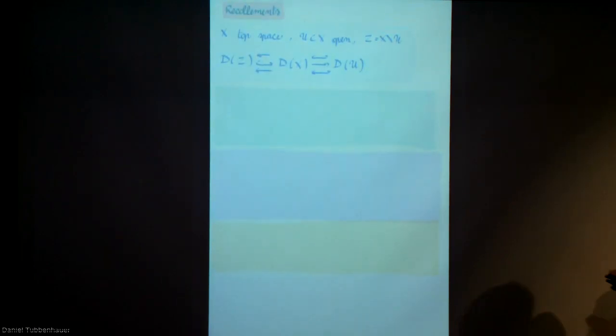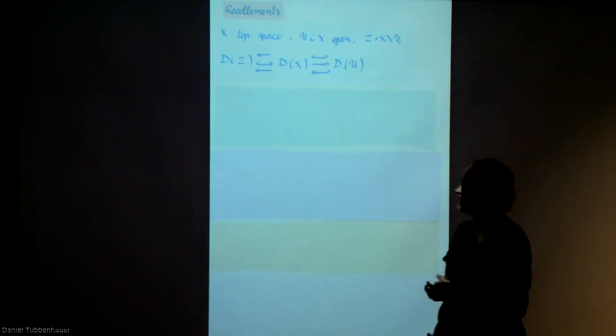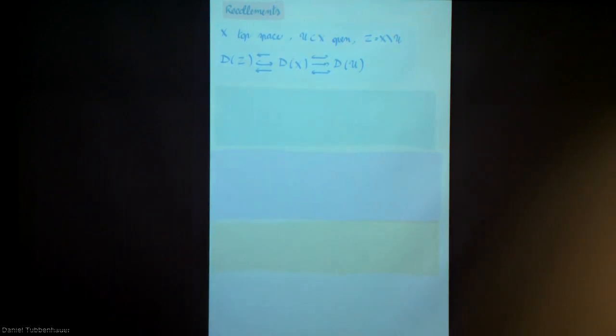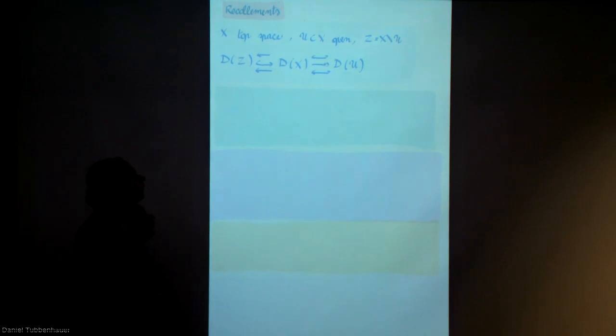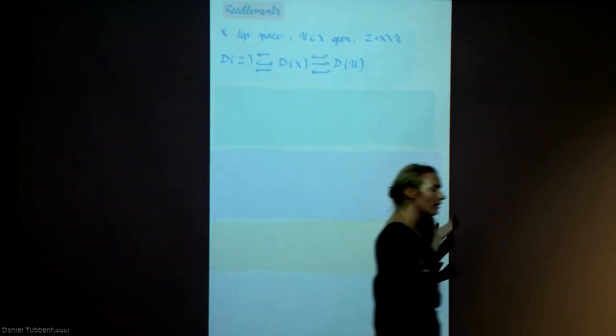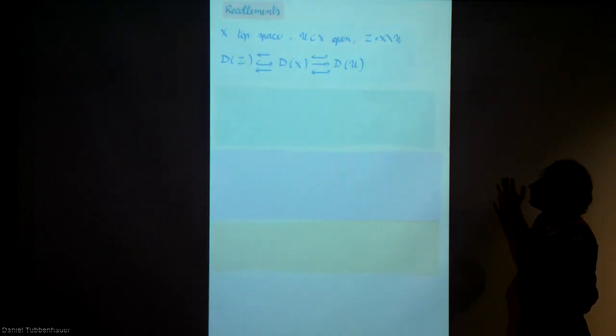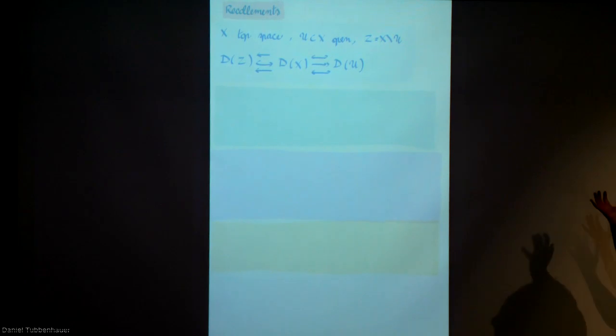Okay, the last formal bit is recollements. Instead of giving you the definition of recollement, I decided to draw a bunch of recollements and hope that at least one of them is familiar to you. Given a topological space, you could look at an open subset and its complement.